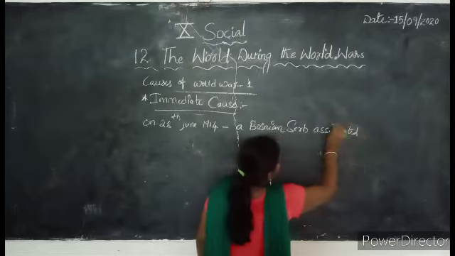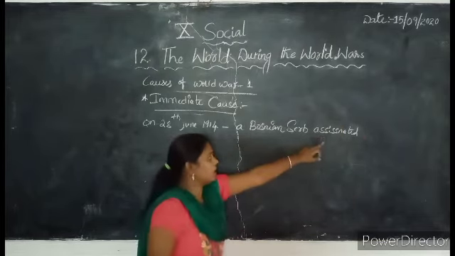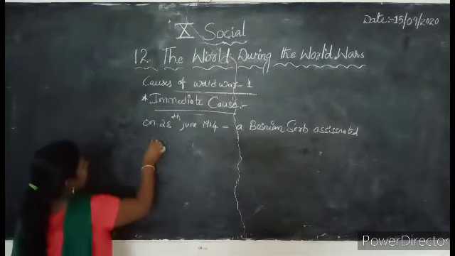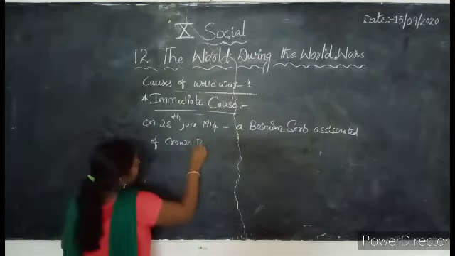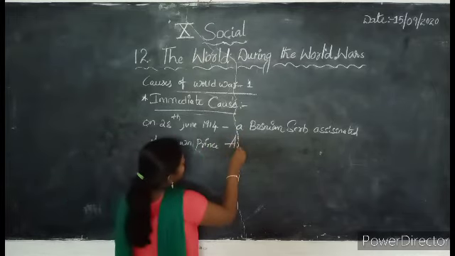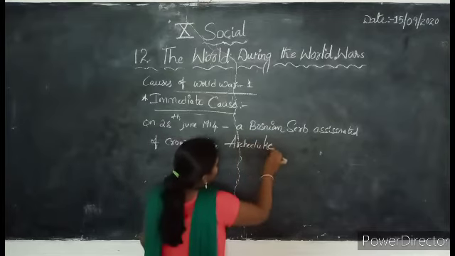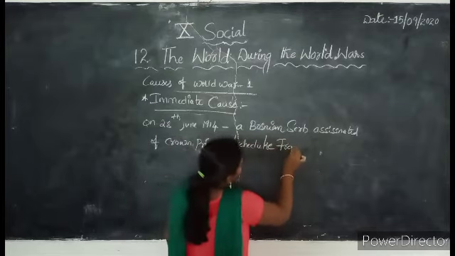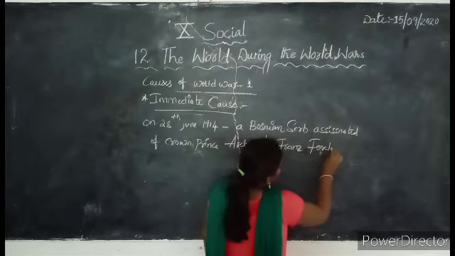The meaning of assassinated is political murder, okay, political murder of Crown Prince, what is his name? Archduke Franz Ferdinand.